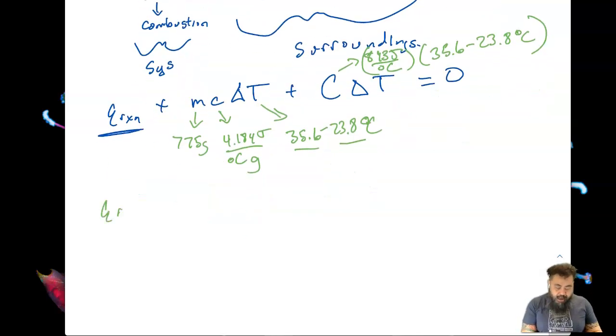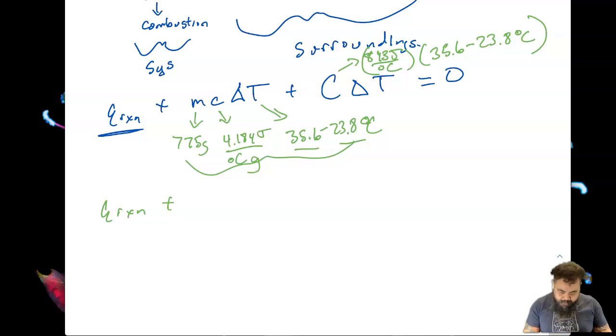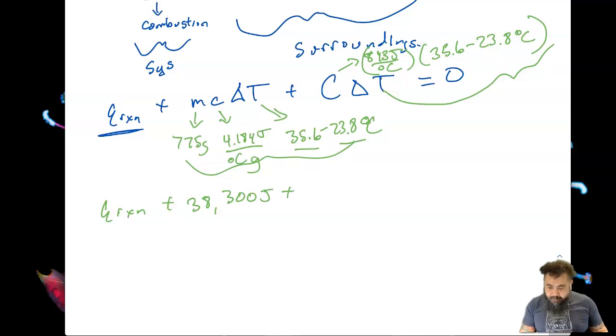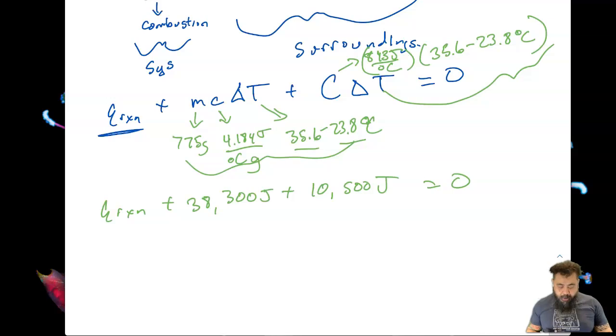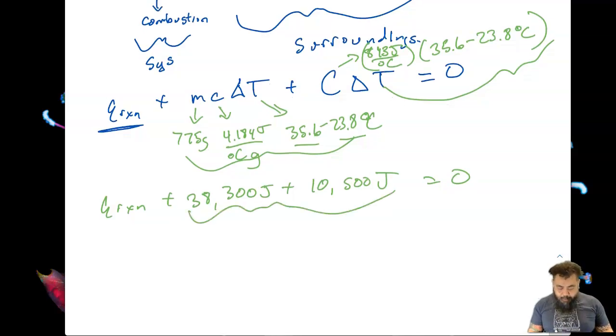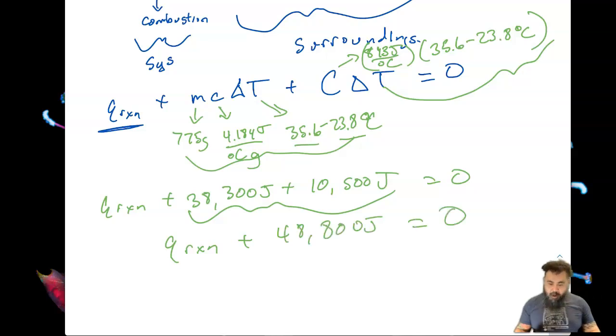If we calculate all of this out, our Q of the water should be a value of 38,300 joules. We calculate the calorimeter term over here, and we should have 10,500 joules. We set that equal to 0. So we add this up: our Q of the reaction plus 48,800 joules equals 0.